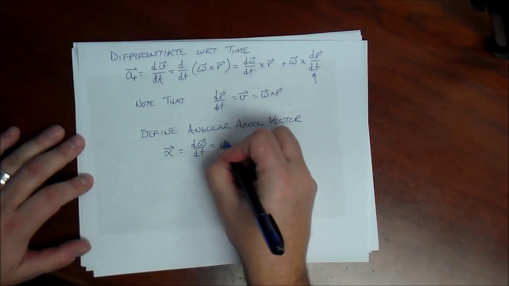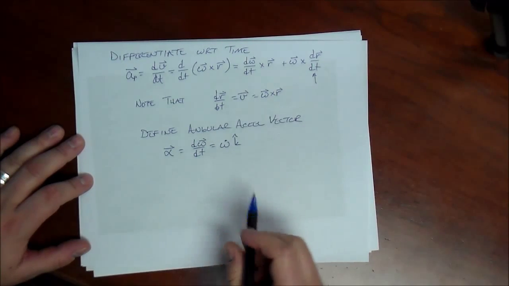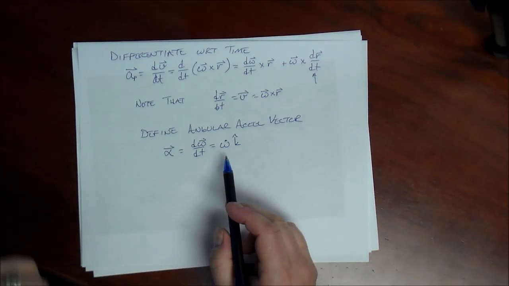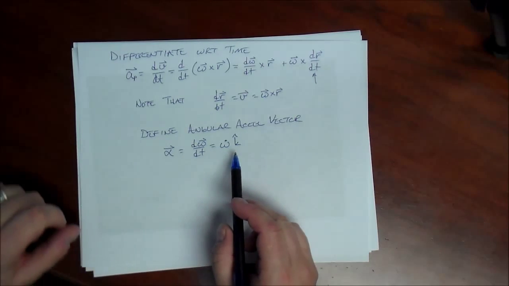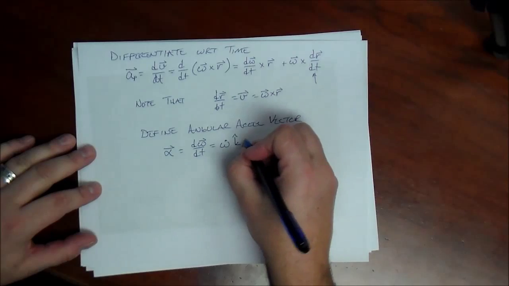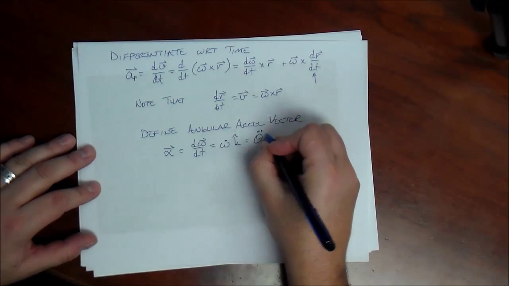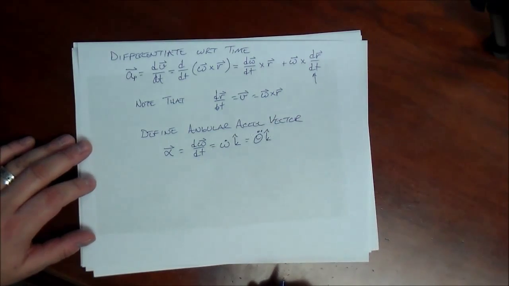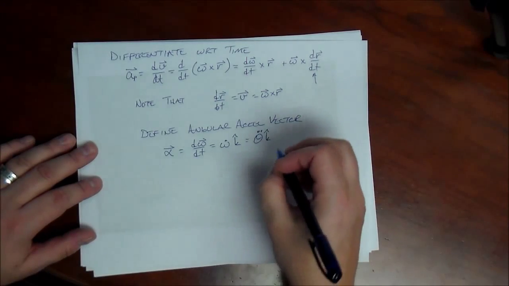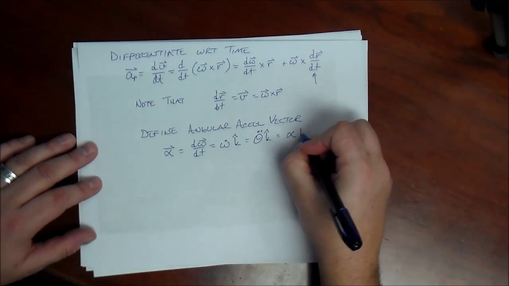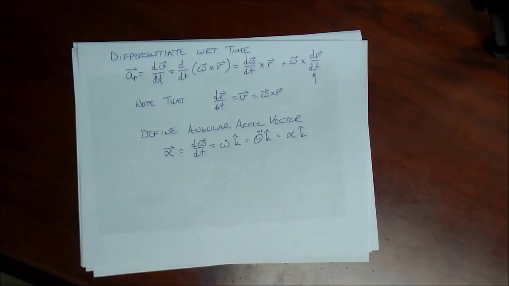We can write that as omega dot k in this case because our axis of rotation corresponds to the z-axis, so the direction is k, and another way to write that is theta double dot times k. Or we could write this as alpha times k. Just lots of different ways of writing it.